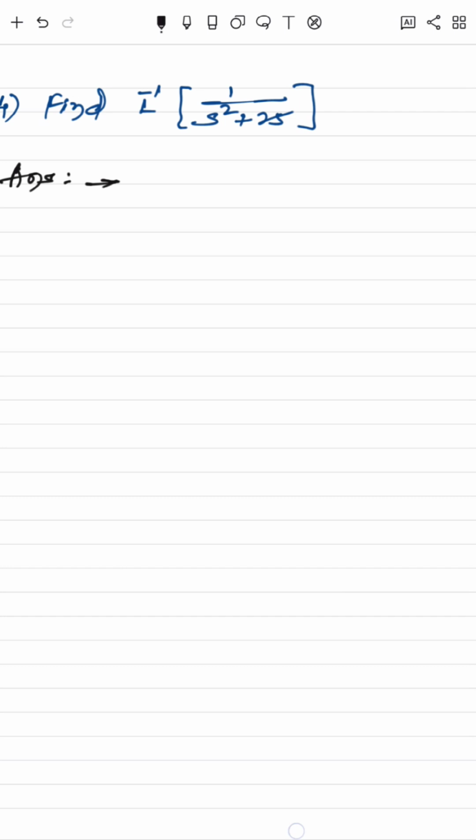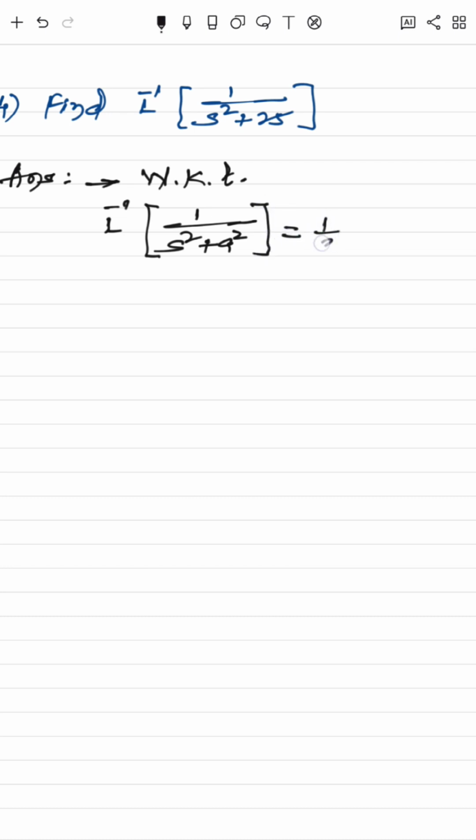Question number 4. Find inverse Laplace transform of 1 upon s square plus 25. To obtain this, we take the help of a standard result. We know the inverse Laplace of 1 upon s square plus a square is 1 by a sine of at.